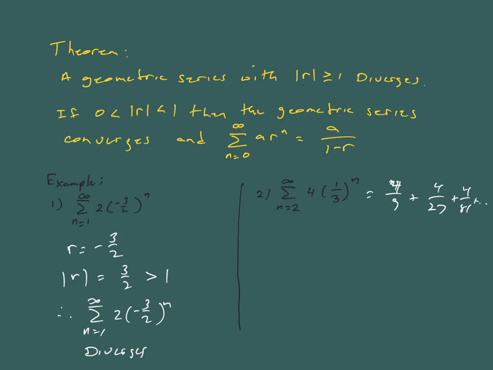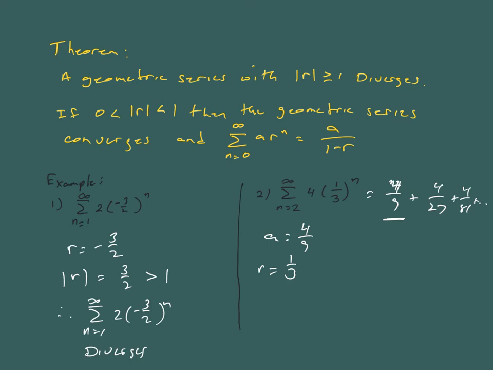But the main thing I want you to recognize on this one is the a value is always that first value that you get in the series of numbers you're adding. So in this case, a is 4/9, r is 1/3.